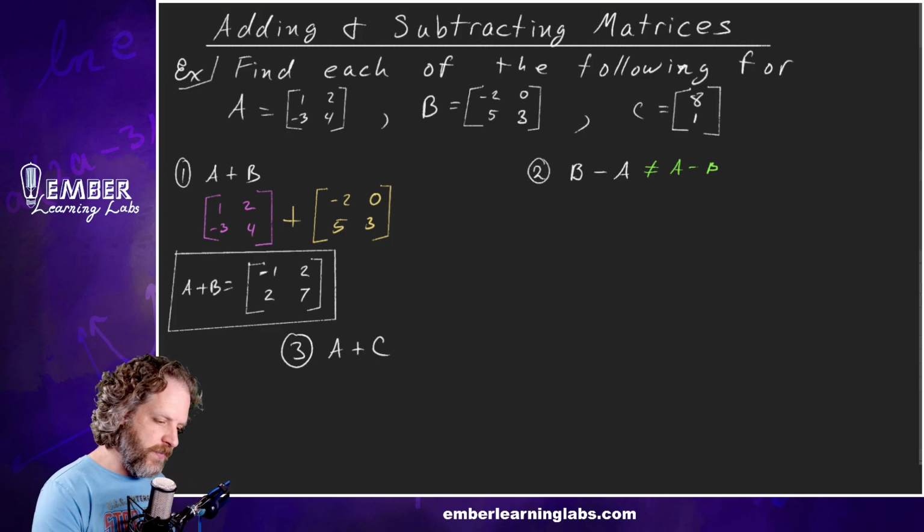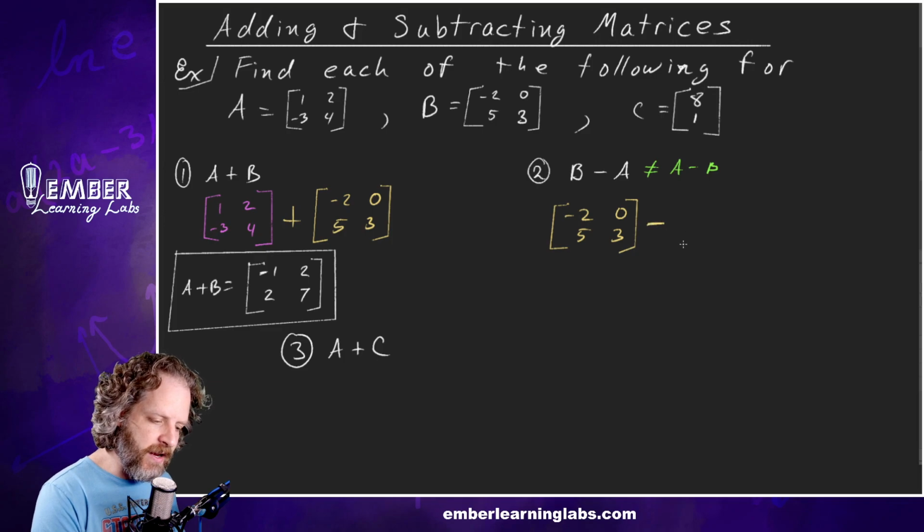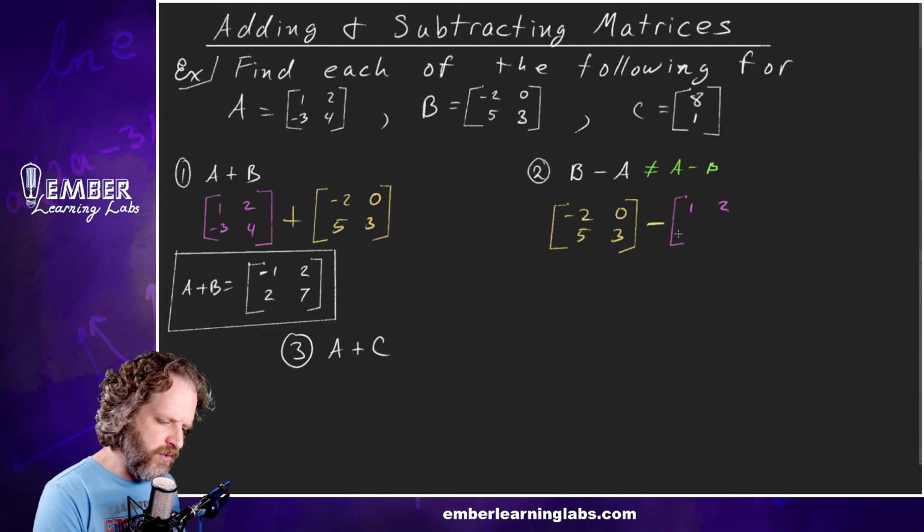So here, we're going to do B, which is -2, 0, 5, 3, minus A, which is 1, 2, -3, 4.